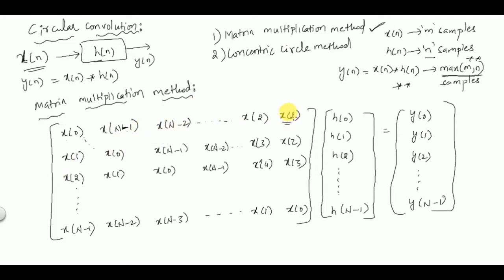So x of 1 will come here, and x of 0 shifted right, x of n minus 1 shifted right, x of n minus 2 shifted right, and so on, x of 2 also shifted right, and again. This shifting must be done until it is repeated. If you do the shifting, the first column becomes x of 0, x of n minus 1, so we have to stop here. This matrix, when multiplied by the given impulse response matrix, gives you the output matrix.